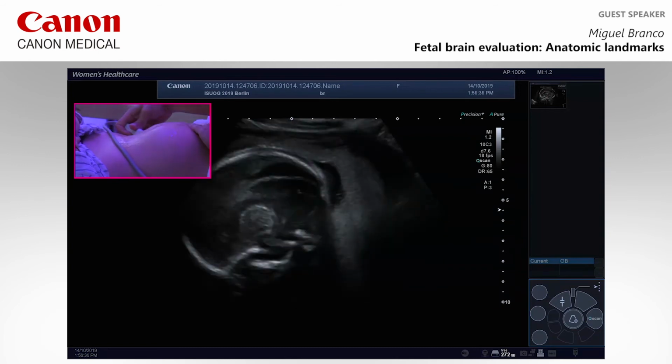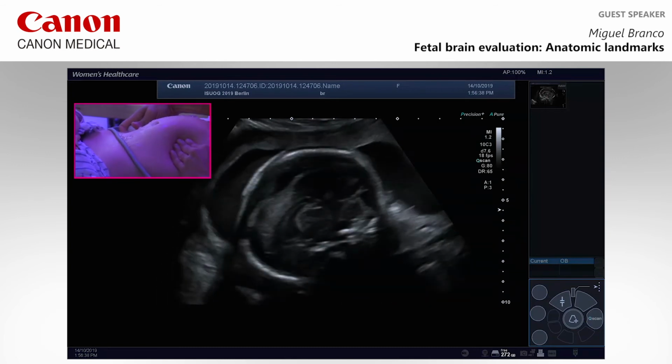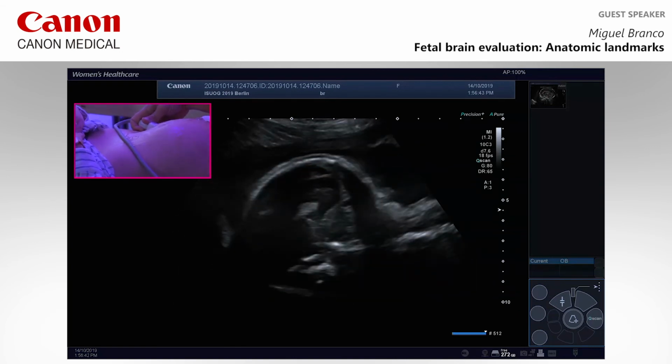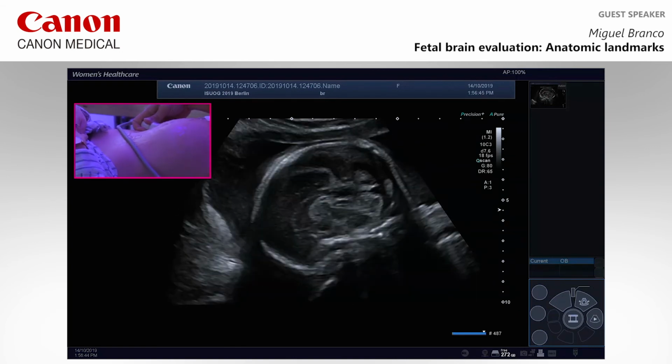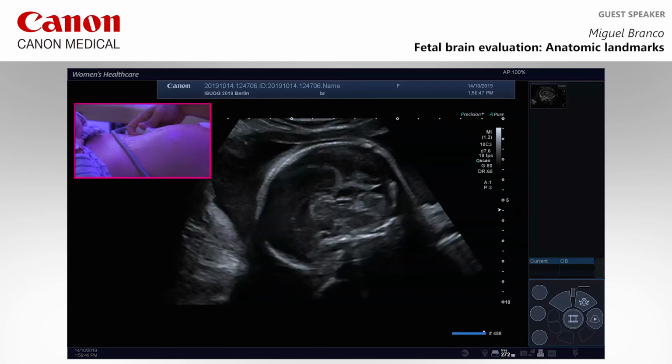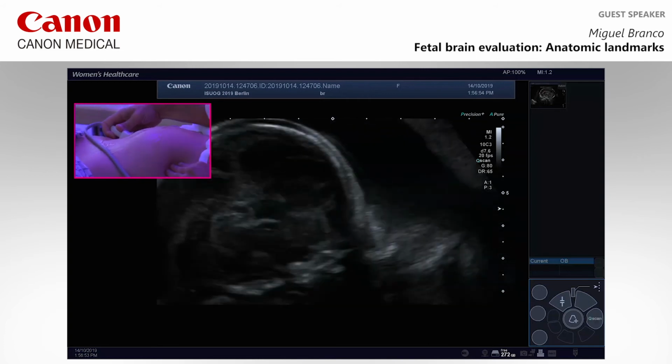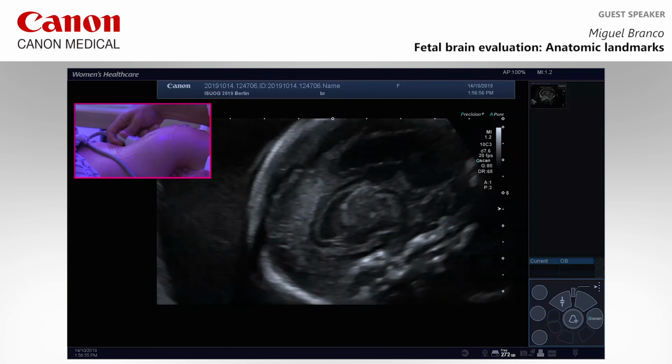Can we go from the posterior? If you go posteriorly, it's easy to identify the Sylvius aqueduct here. Let's try again.